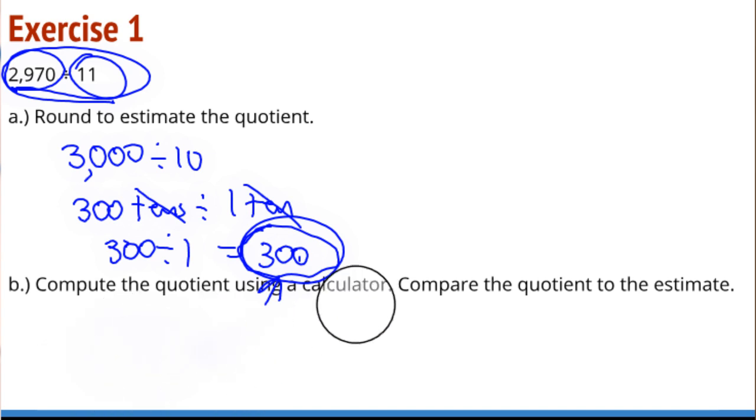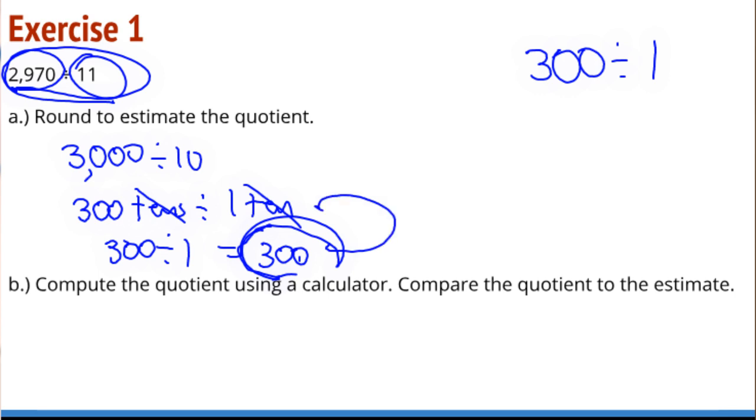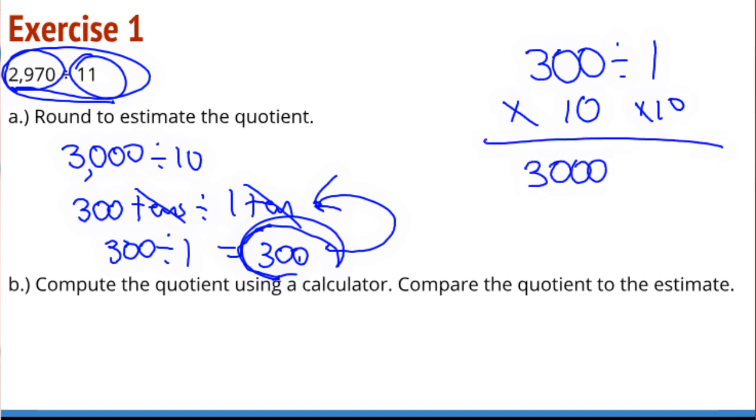Now this 300 divided by 1, as I was scaling back up to check, I'm undoing what I did. I had divided by the tens, so I'm going to multiply by the tens. And that brings me back up to 3,000 divided by 10, my original estimate.